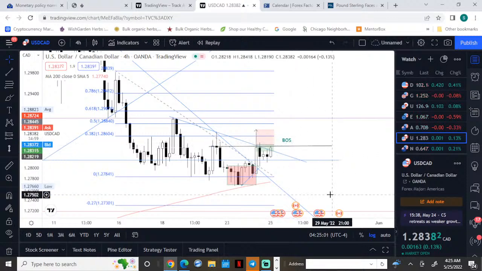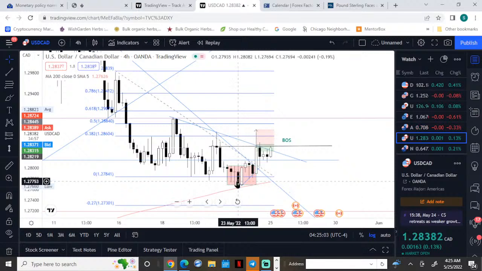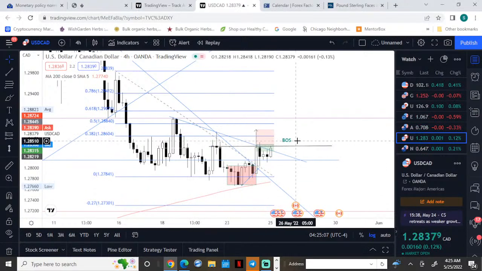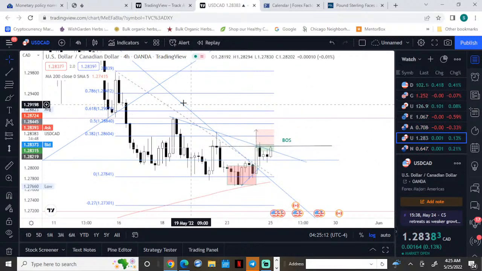In order for me to consider this a buy, I would need to see it break this area right here, retest, and then make a high above this lower high.